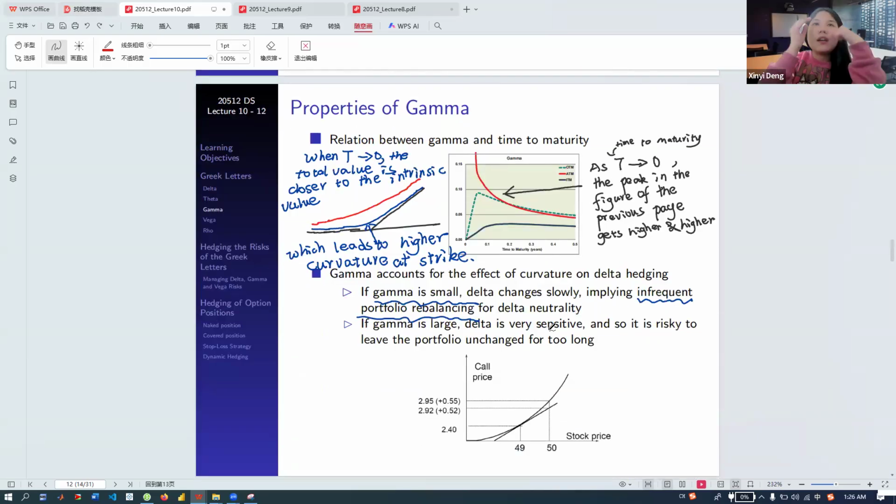Now, here we have the relationship between gamma and time to maturity. Don't worry too much about the figure here. All you really need to understand is this red solid line.